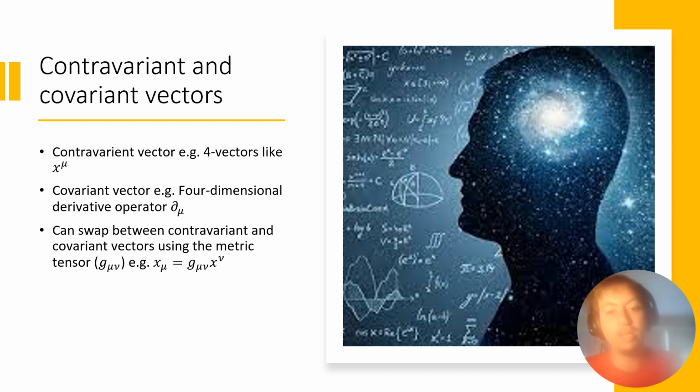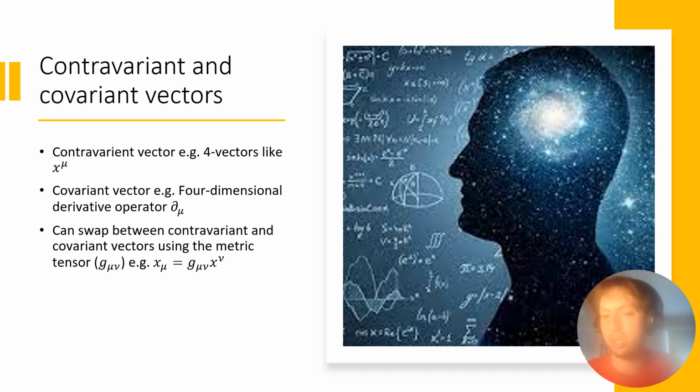And the way you do this is you use something called the metric tensor. Now, the metric tensor can transform a covariant vector into a contravariant vector, but it's also the thing that gives meaning to the idea of distance, in that what we mean by distance in a given space or space-time is encoded within the metric.